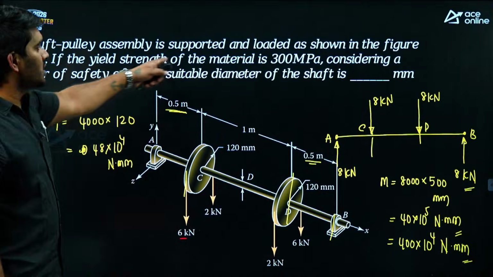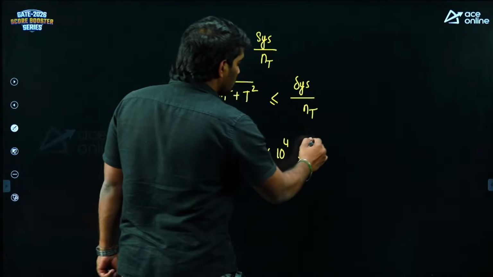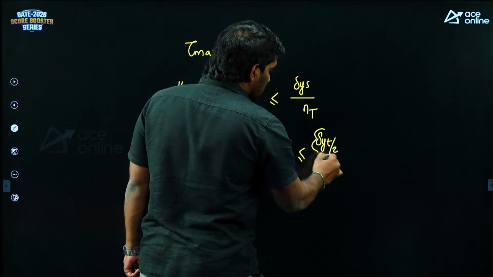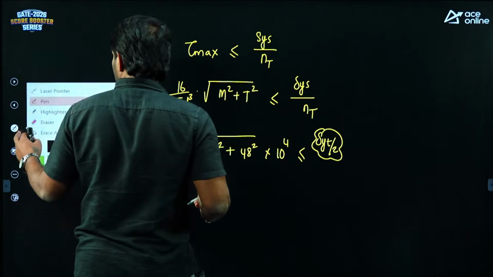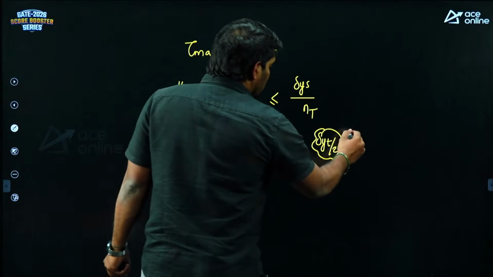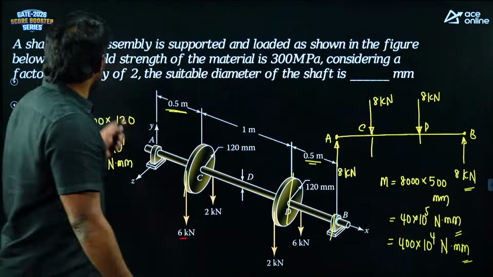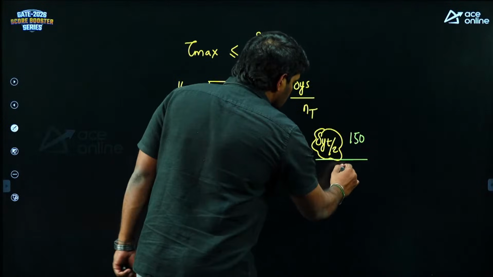We know that SYS is nothing but SYT by 2, whose value is nothing but 150, and this is divided by factor of safety which is considered as 2.